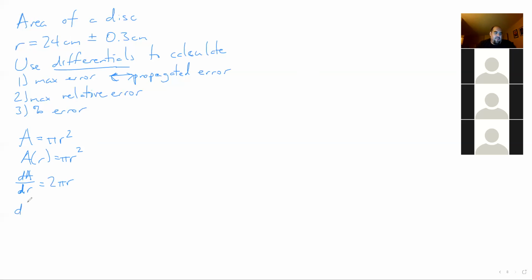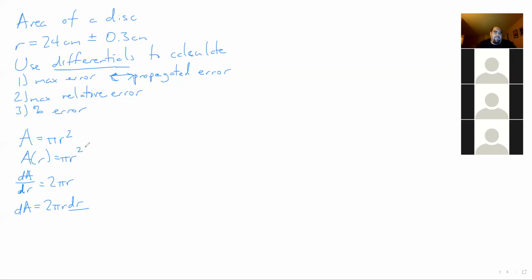And basically what I'm going to use differentials for is I can approximate a change in area that results from a change in radius. And we've already been given what that change in radius might be, right? Yes, that would be the positive 0.3.